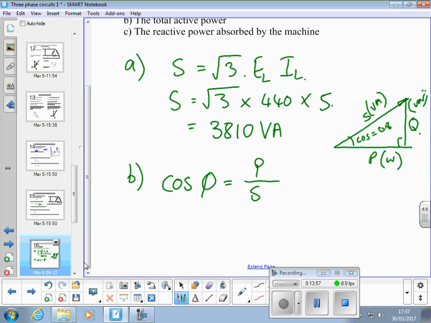Then we can rearrange that to P is equal to S times cos of the angle, which is, as you rightly say, 3810 times 0.8.